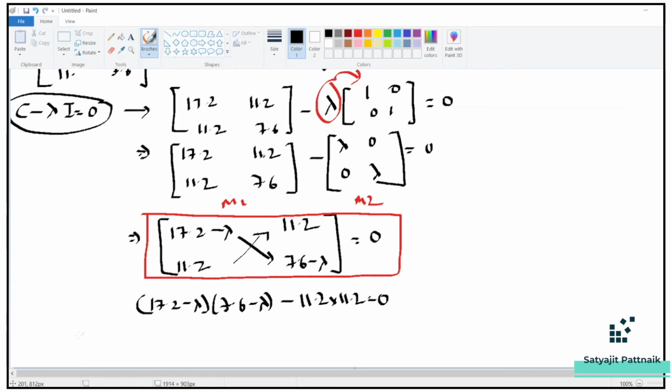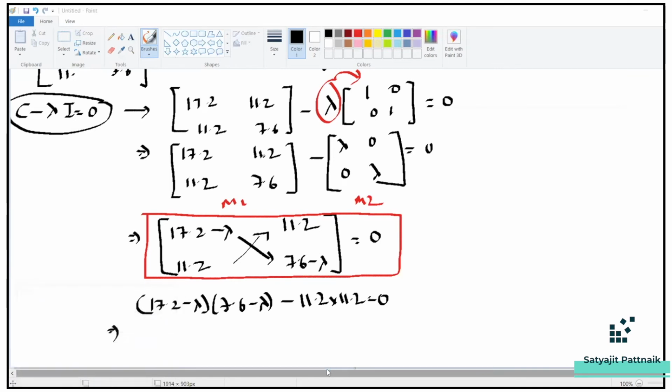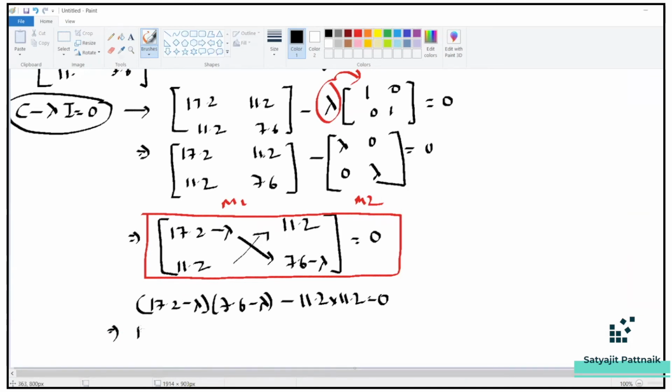Now let me further solve this problem. Let me write it down and then we will do it. So 17.2 into 7.6 minus 17.2 lambda minus 7.6 lambda plus lambda square minus 11.2 square equals 0.